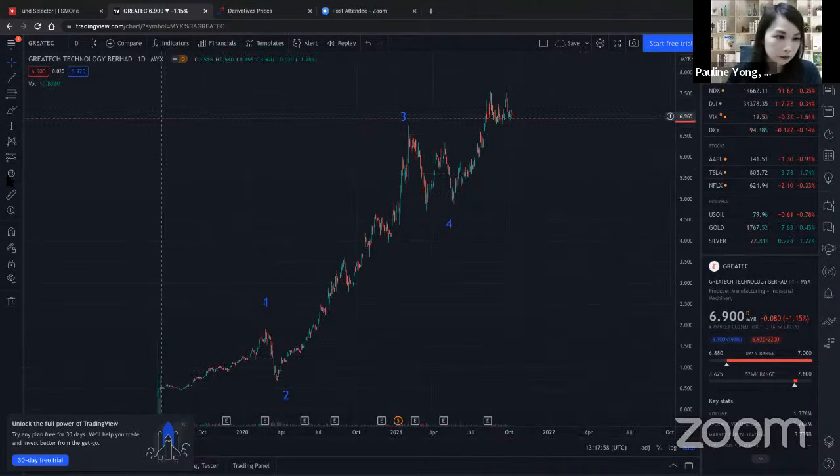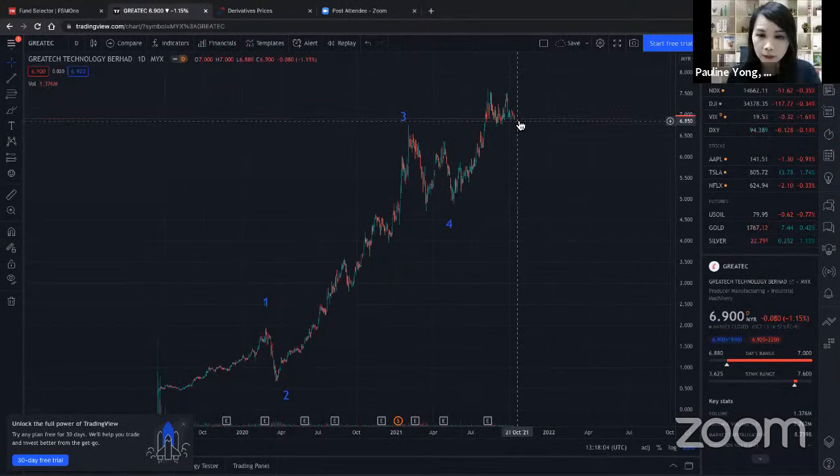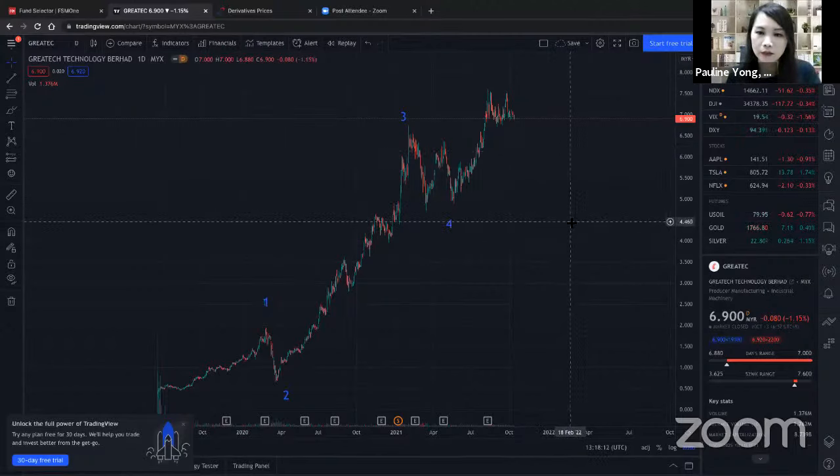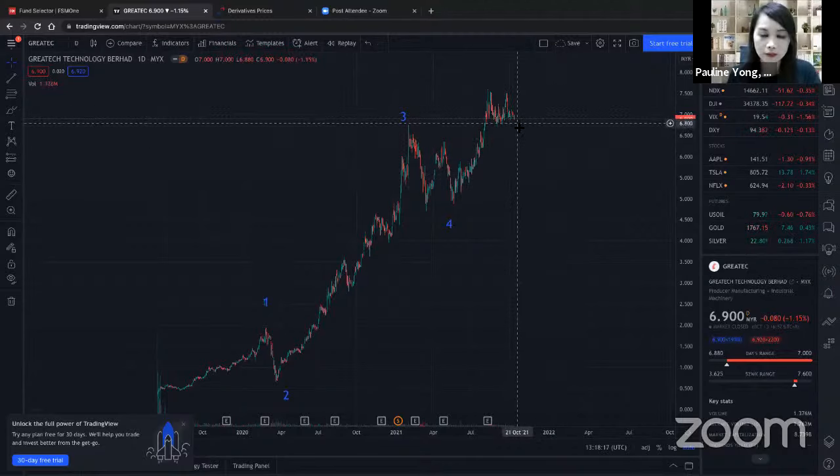For example, I can't draw from here, but let's say you see my cursor, and it says that I have A, B, C. Let's say this correction wave is a zigzag, meaning that I'm looking at it going down.